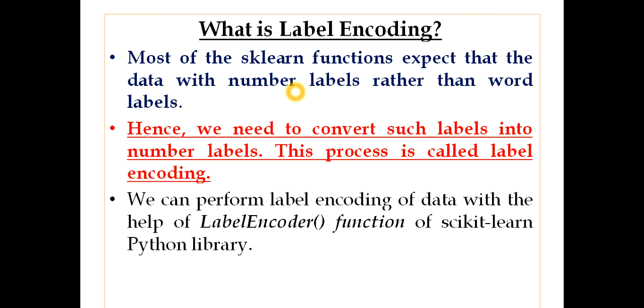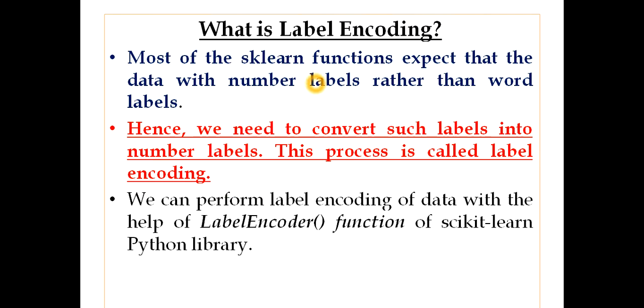Now, what is label encoding? That is very important. Most of the sklearn functions expect data with number labels rather than word labels, so we need to convert such labels into number labels. This process is known as label encoding. So why do we have to perform label encoding?